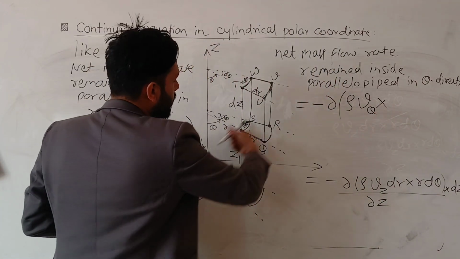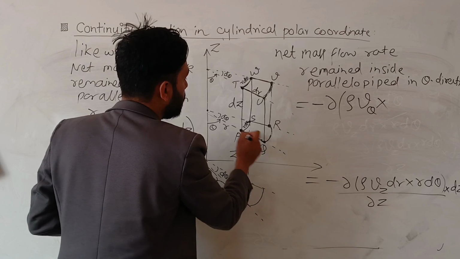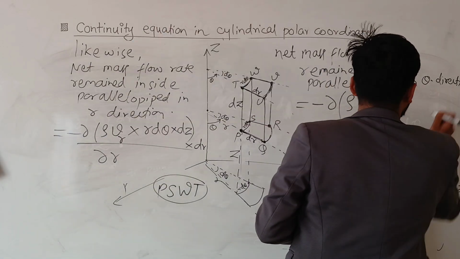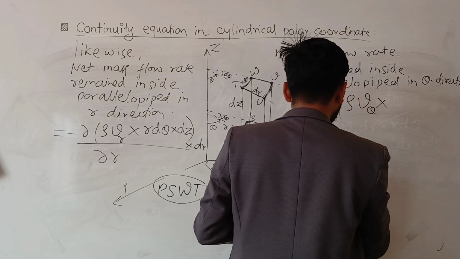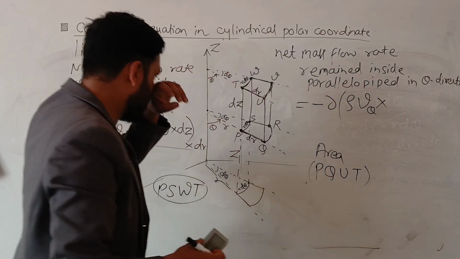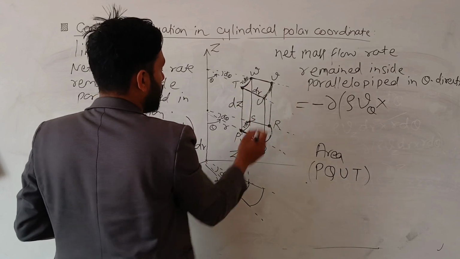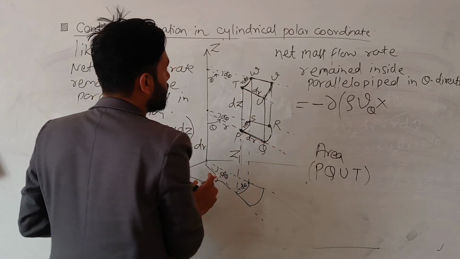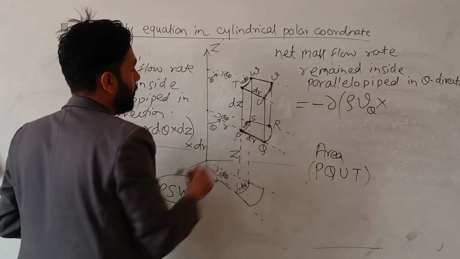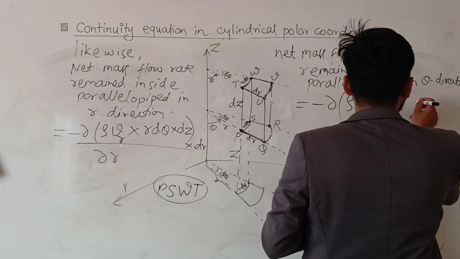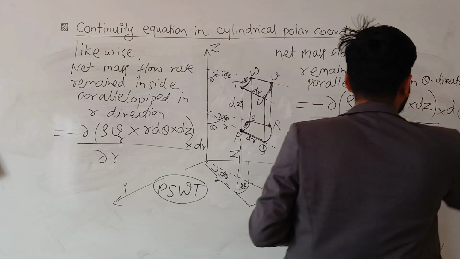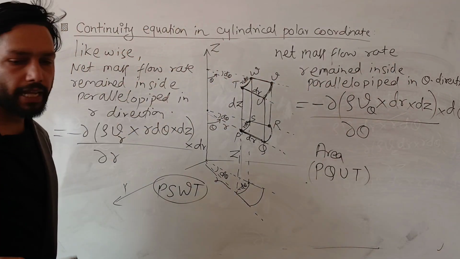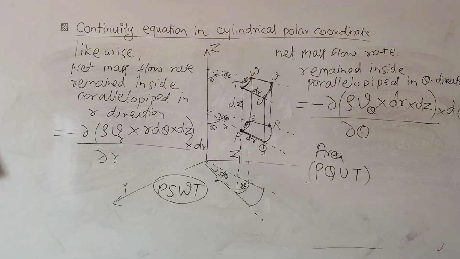The area in this angular direction theta must be the area PQUT. What is the area of PQUT? Look at this one. PQUT, that is dr into dz. dr into dz is the area perpendicular to this theta. So dr into dz divided by del theta into d theta. Okay, this is the expression for the net mass flow rate in the angular direction theta.